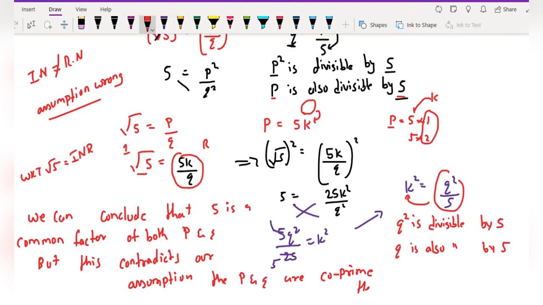Hence, root 5 is an irrational number. Okay, that's it.